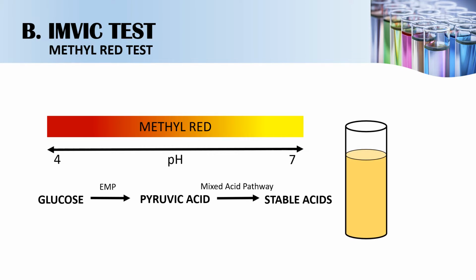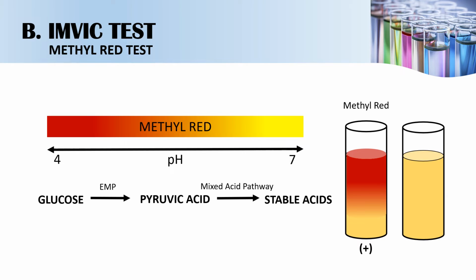So let's say this is your MR tube. If your bacteria entered the mixed acid pathway, stable acids will be present in your medium, and thus after the addition of methyl red, it will turn red due to the acidic environment, indicating a positive test.